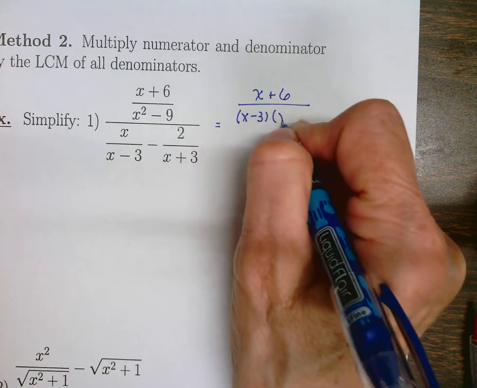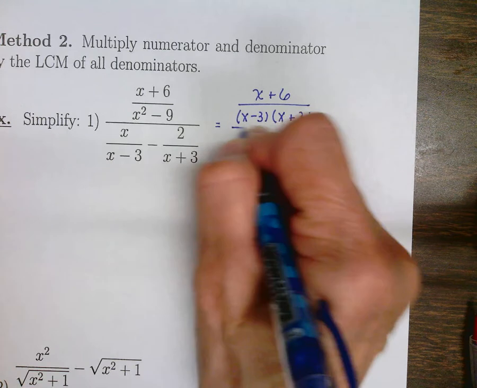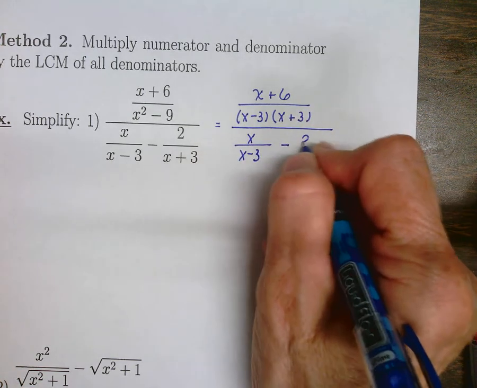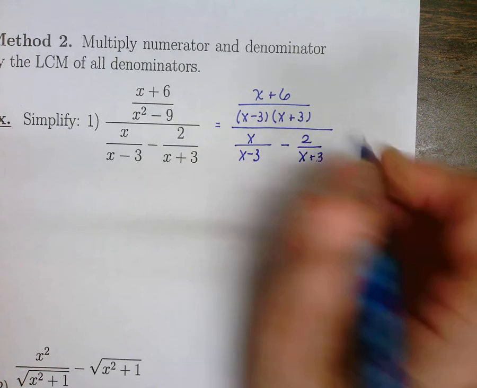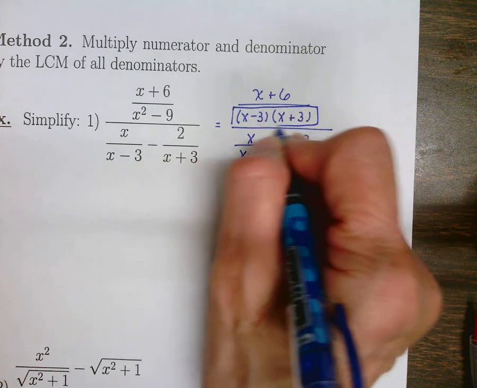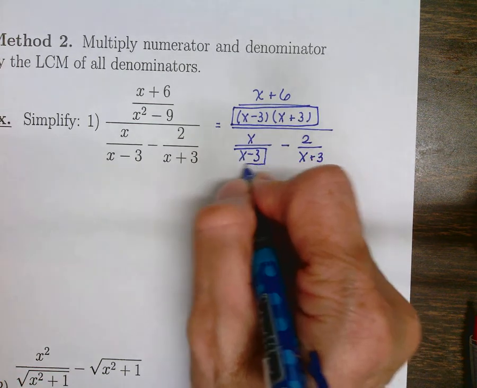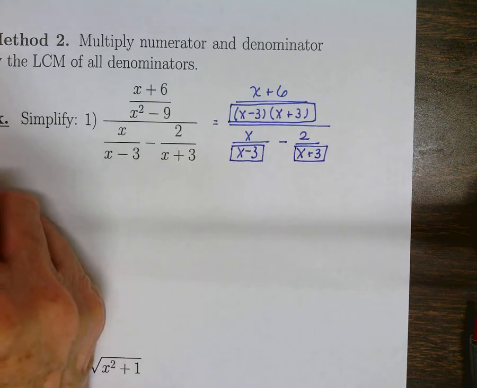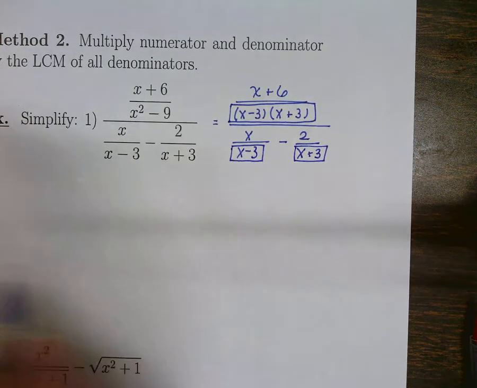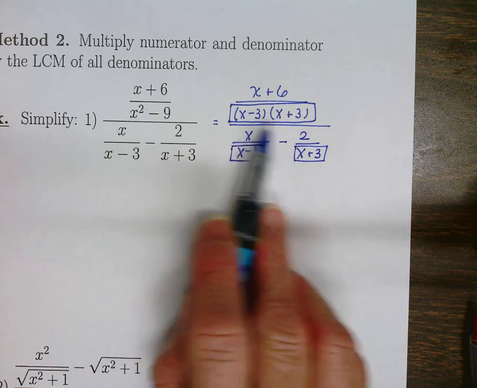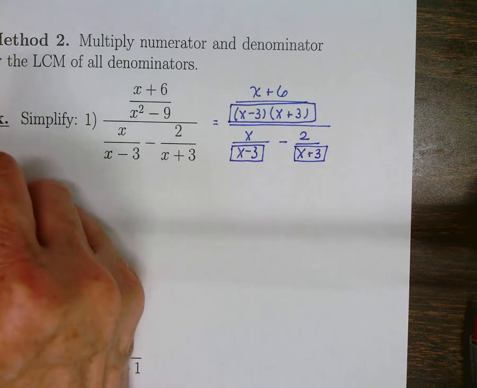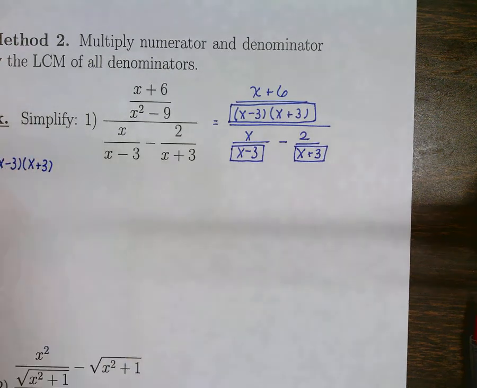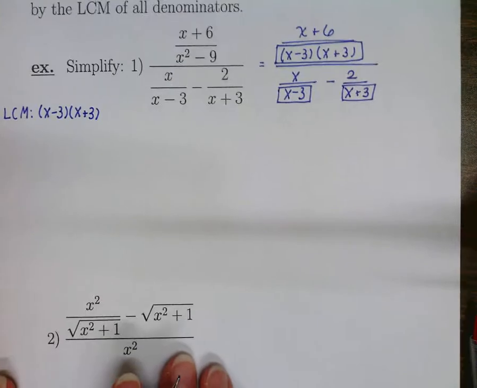So if I factor, as we always want to do that first, we look at all of these denominators. And what is the least common multiple? Okay, we have just two factors and they're raised to the first power at most in any one of the denominators. Okay, so that is our least common multiple.